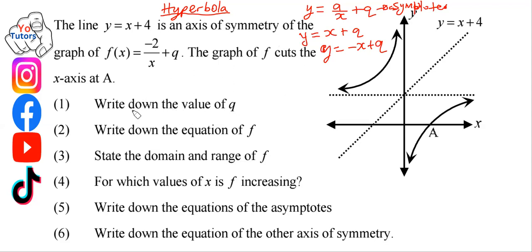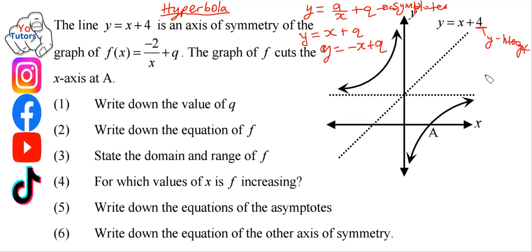Now let's read the questions. Write down the value of q. We know that q is an asymptote for our graph, the y asymptote, and we can pick this value by looking at this equation. From this equation you have the y-intercept.